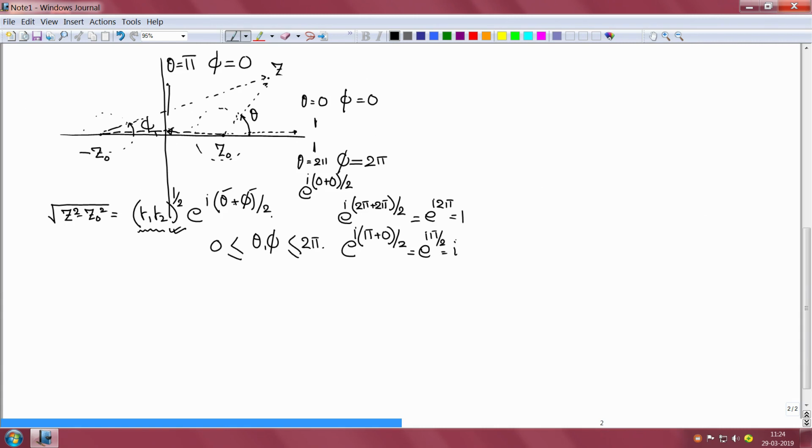So at every point we are looking at this function, we should not forget, how it is behaving.